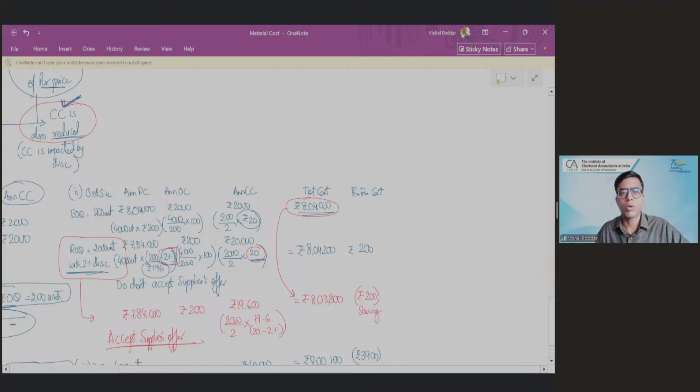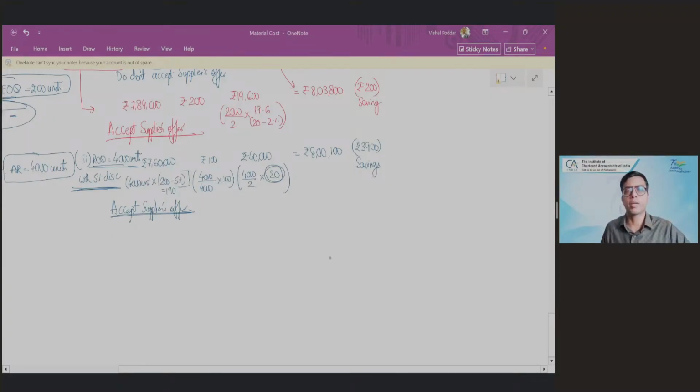Since it was costly by rupees 200, I want that you give me that discount of 200, because for me 200 is the crucial factor which led me not to take that option. So I will simply demand extra discount, about 2% plus rupees 200, to switch from EOQ to 2000 units.